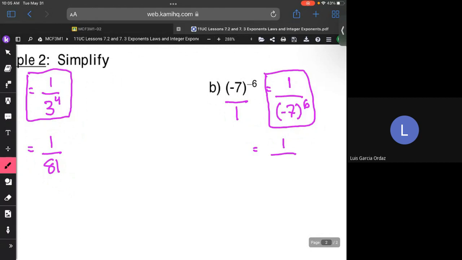Remember, the negative is in the bracket, so if it's in the bracket to an even exponent, it should be positive. Yep. So again, the top part is your single power and the bottom is your evaluated answer.